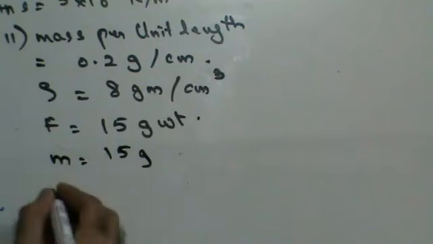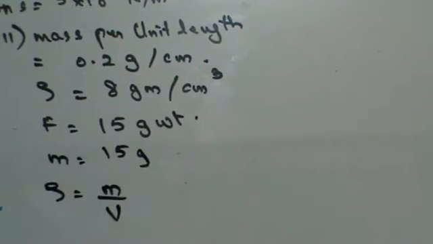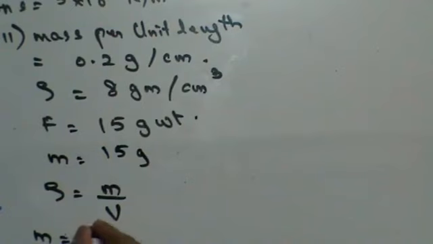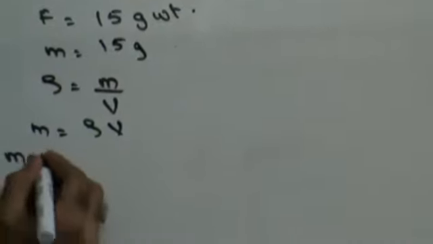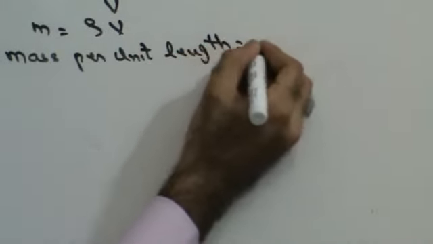I can say that density is mass upon volume. Therefore, mass is density into volume. Mass per unit length is nothing but mass upon length.